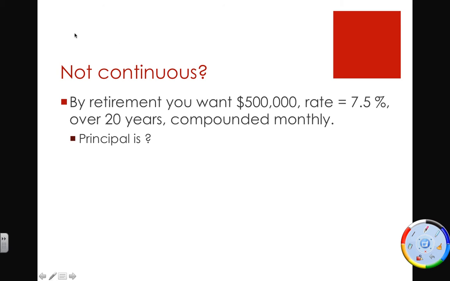So you've got to remember A equals P times, not e to the RT because it's not continuous, it's 1 plus R over N, to the NT. You've got to remember that N represents the number of times it's compounded per year. R is your rate, T is your time.